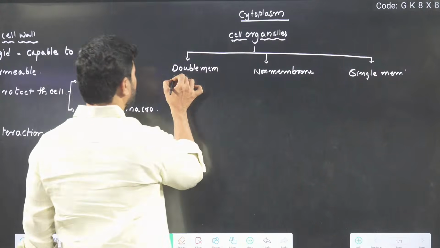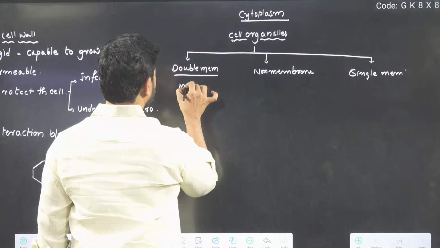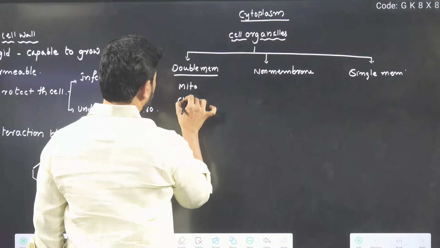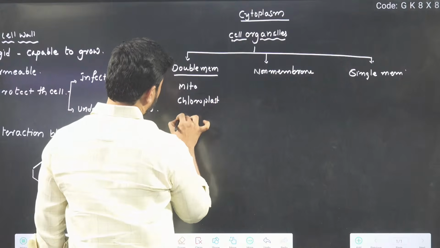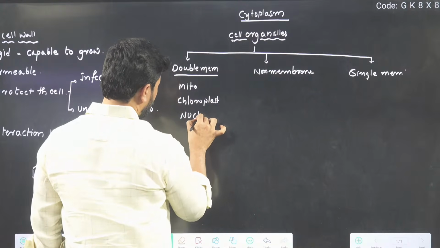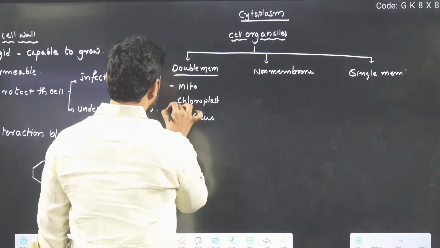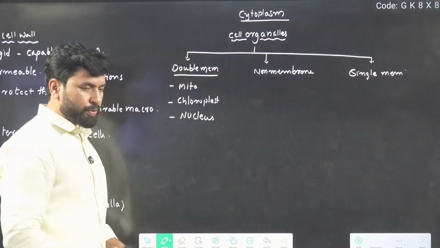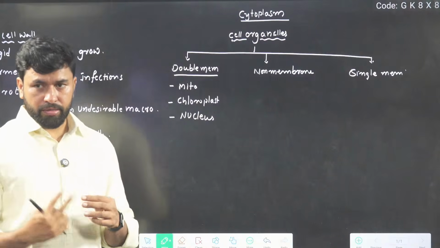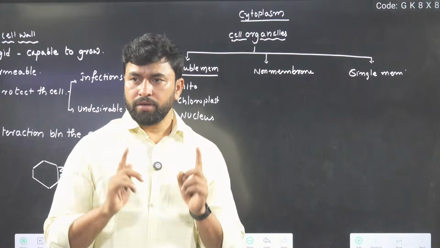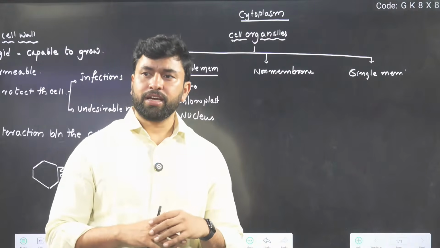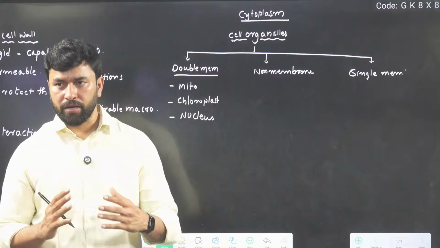First one, mitochondria, chloroplast, and nucleus. These are all double membranous bodies. The nucleus also possesses two membranes. If you consider the nucleus as a cell organelle, you have to mention it's a kind of double membranous cell organelle.